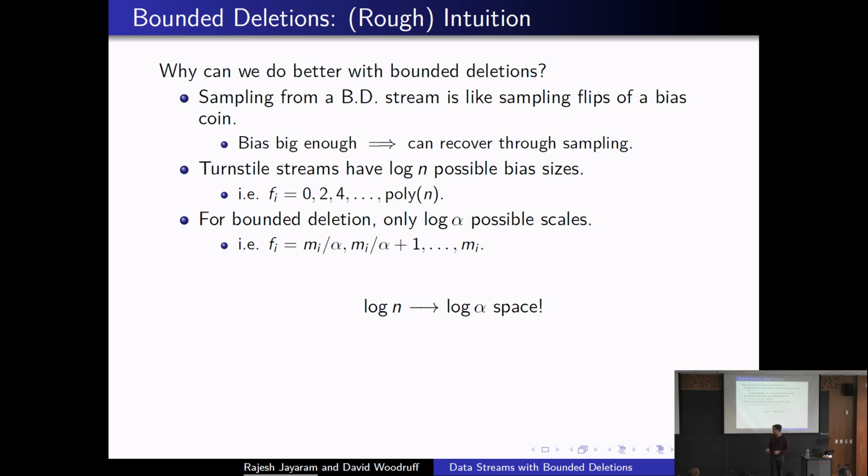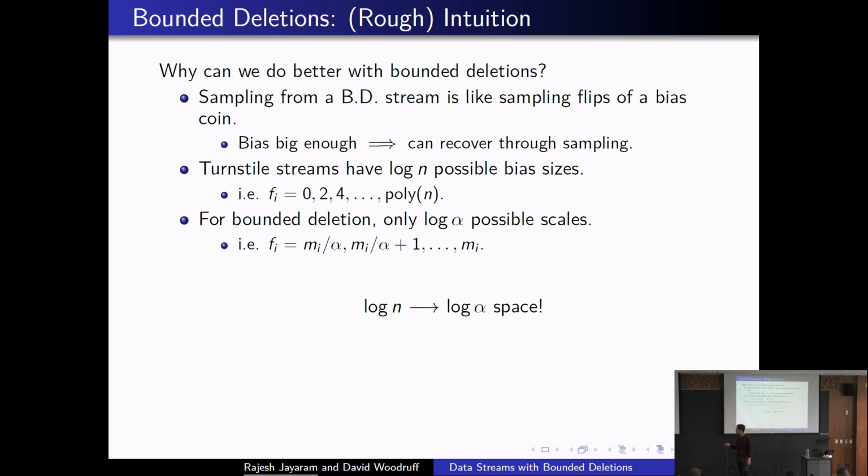And this is going to roughly allow us to turn these log n bounds, and all the problems I showed you towards the beginning of this talk, into log alpha bounds. And because alpha intuitively can be several orders of magnitude less than n, even a constant, this is a substantial space improvement.